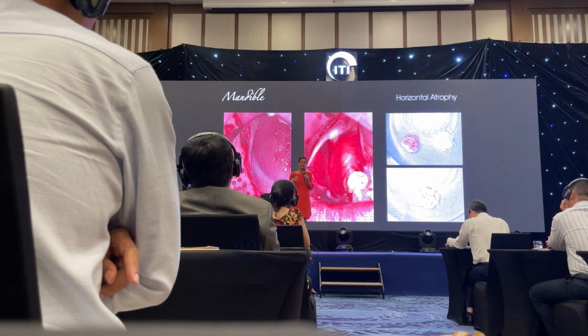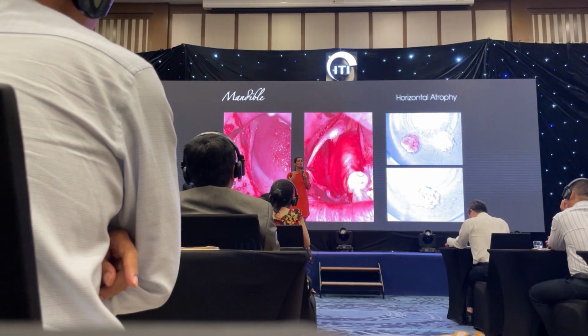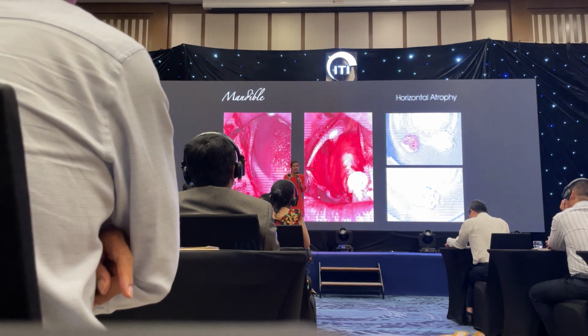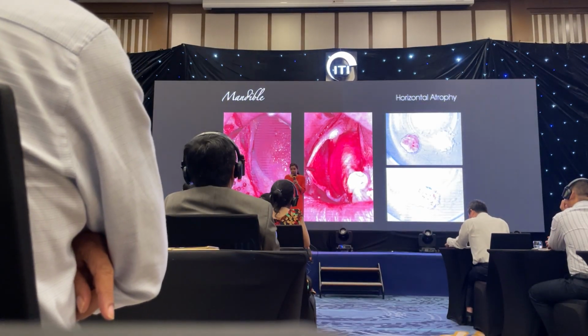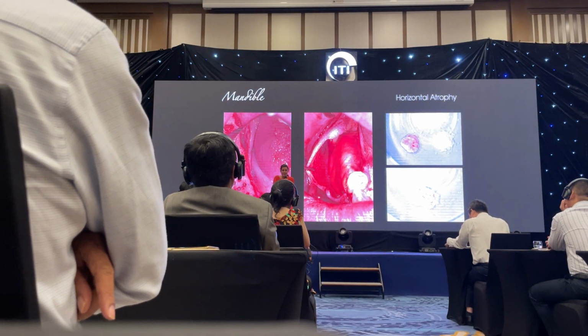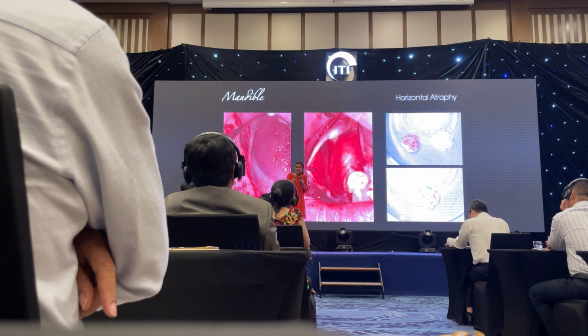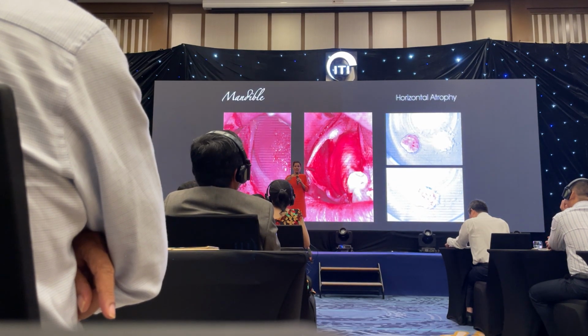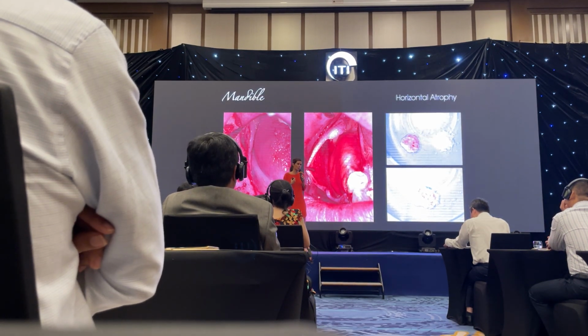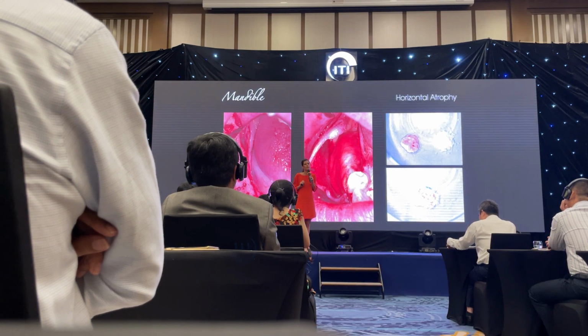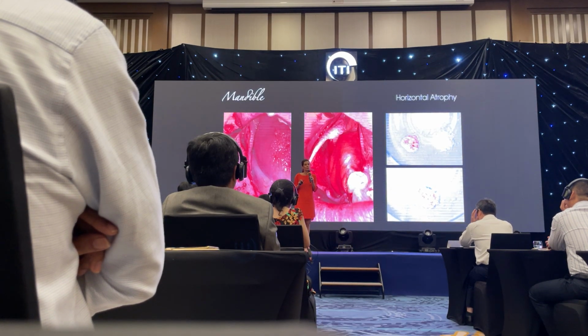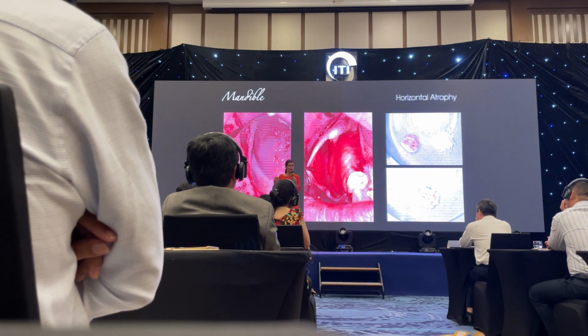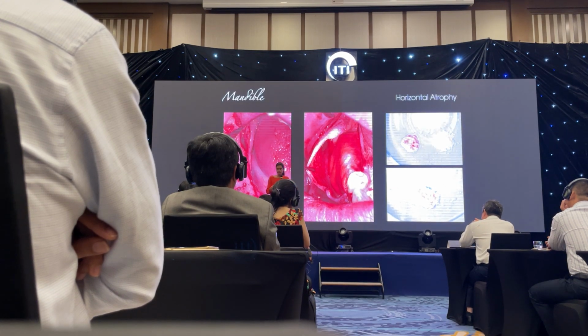So now it takes a bit more time, you have to be a bit more patient, but I go at low speed and I collect chips with my little spoon, with a little elevator. And then I mix that with the material, with the xenograft. We will talk a little bit about material selection later this afternoon.